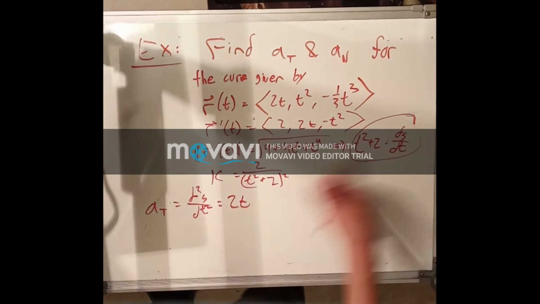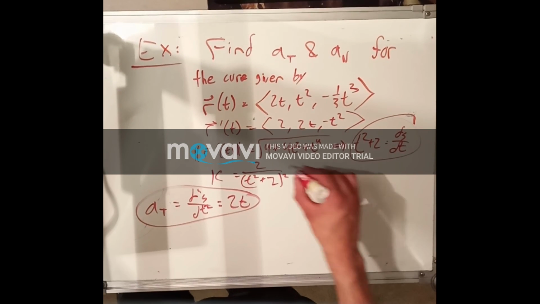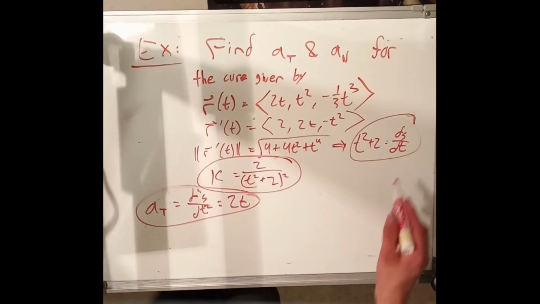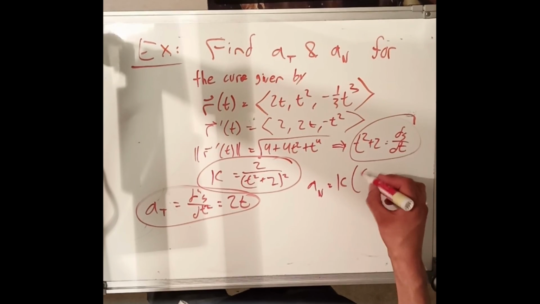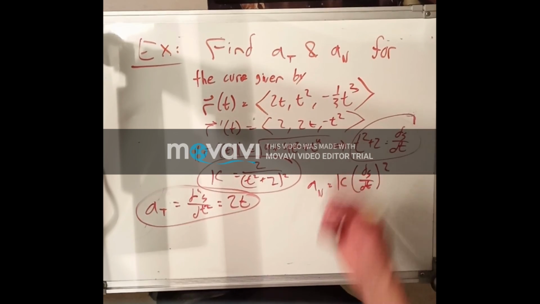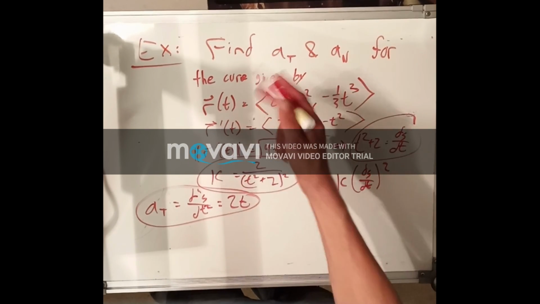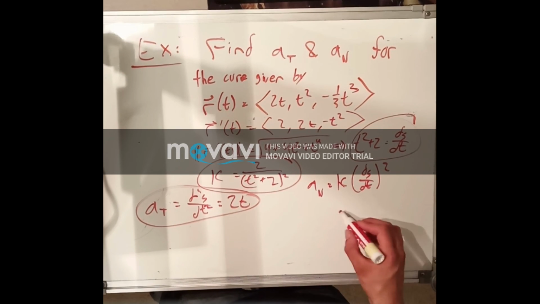Take derivative, we get 2t from here for a_t component. We have found k, we have ds/dt. We need a_n, which is given by the curvature times ds/dt squared. This is from earlier. We took this, so we're simply using the value that we found in the other example, since this is essentially the same example.